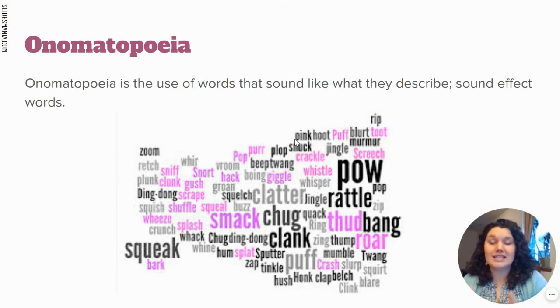Ding dong, that's supposed to imitate a bell ringing. We've got rip, toot, murmur, screech, pow, pop, rattle, zip, thud, bang, roar, twang, squirt, blare, clink. I love squish. I think squish is a great one because you can almost hear and see a boot walking through something squishy.